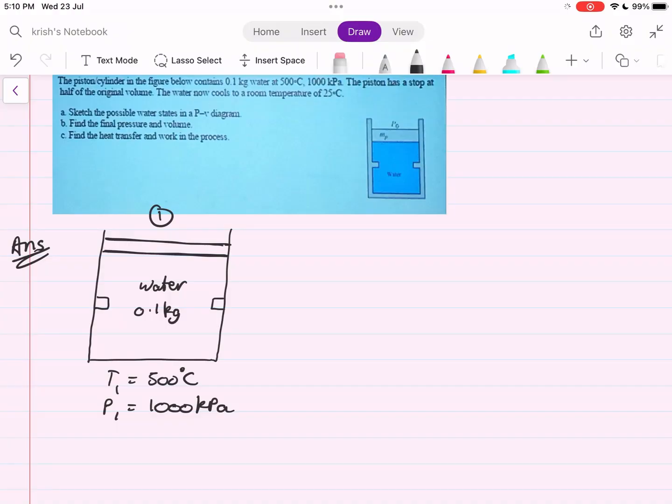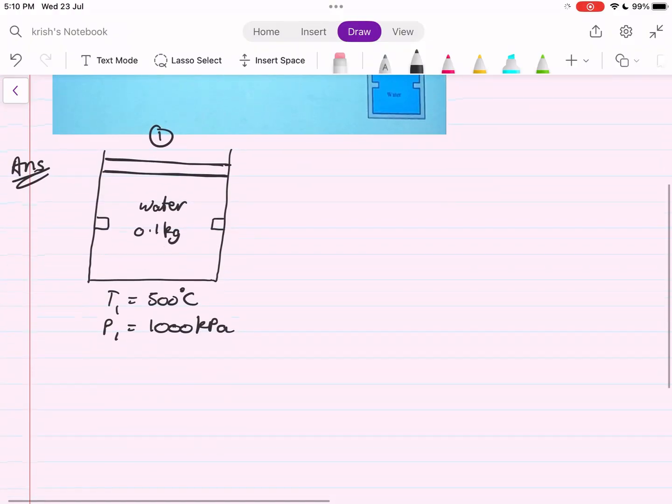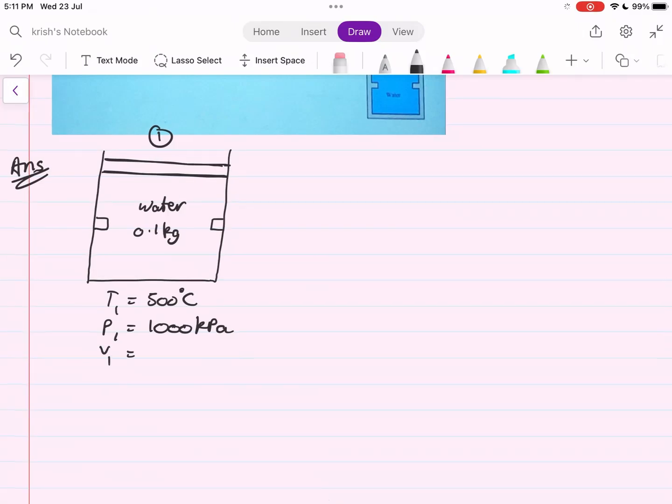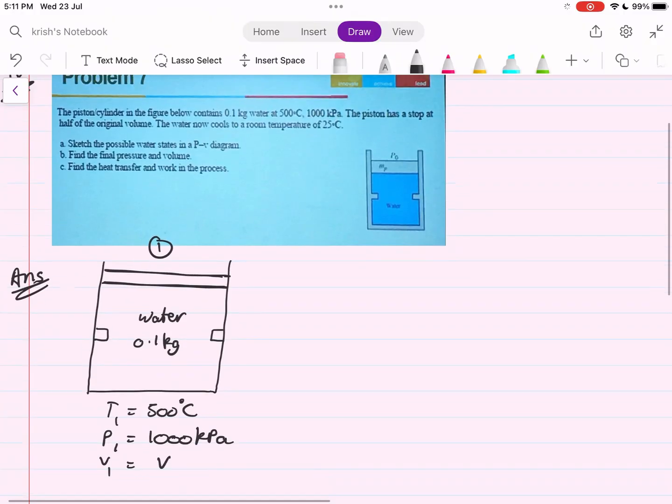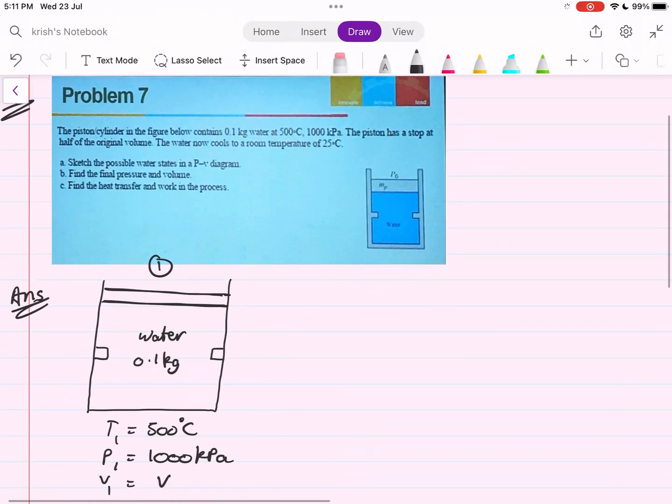The piston has to stop at half of the original volume. Is the original volume given? No. Okay, so V1 is some V, and then this piston must come over here so that the volume becomes half.